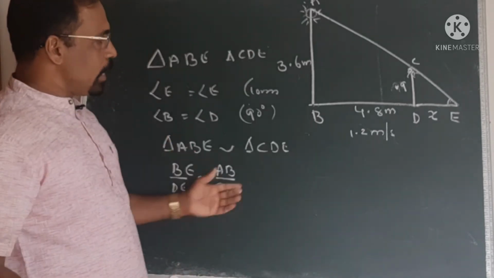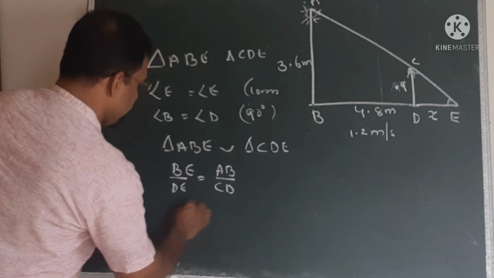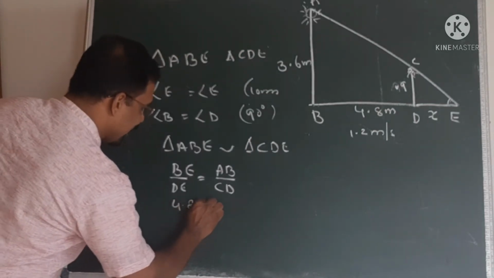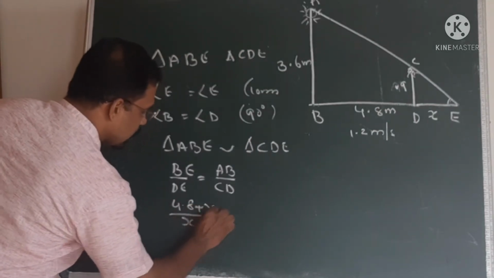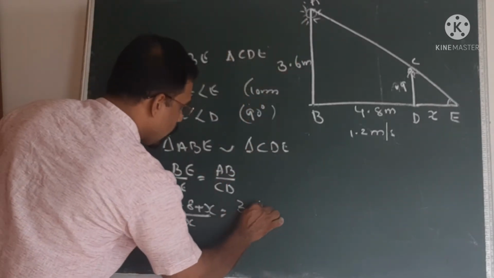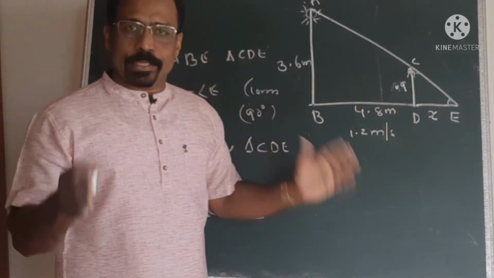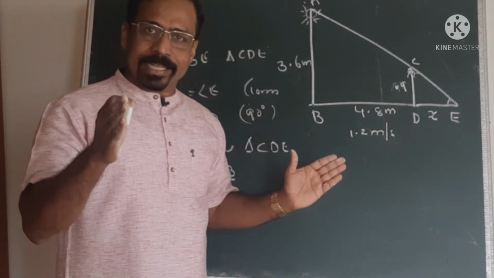So what is BE? Up to here it is 4.8, here it is x. So we can write 4.8 plus x, DE is x, is equal to, what is AB? 3.6. What is CD? It is given 90 centimeter. Don't take it as 90 centimeter.